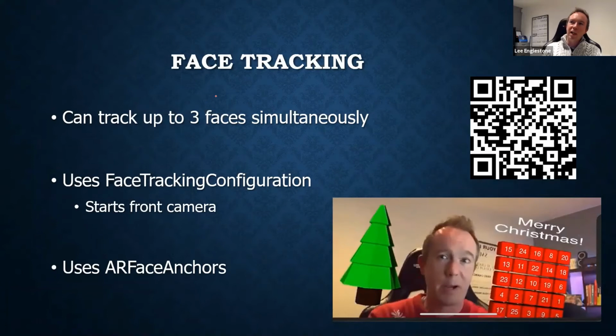But this isn't facial recognition, this is facial tracking. It will tell you that this face is in the scene, it just won't tell you whose face it is. It's not that clever unless you add some more code to it, some bespoke code, okay? And then when it detects a face, it will place a face anchor in the scene.